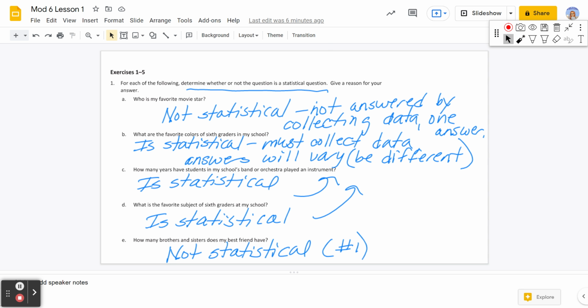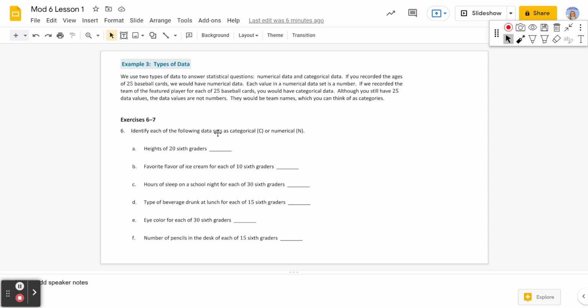Now, we're going to talk about the different kinds of data you can have. So the types of data, there's 2 types of data that answer statistical questions. We have numerical data and categorical data. If you recorded the ages of the 25 baseball cards, it would be numerical data. Each value in a numerical data set is a number.